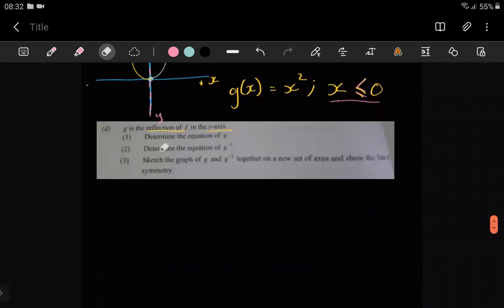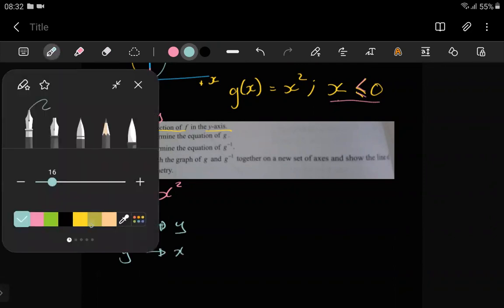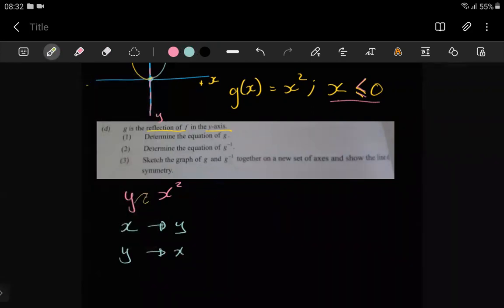So you see here, them asking us to get the equation of the inverse. What we know is, this is the original graph, and we said that x becomes y becomes x. This is actually important to always write out. It's a way to communicate with the examiner so that they know that y becomes x becomes y.